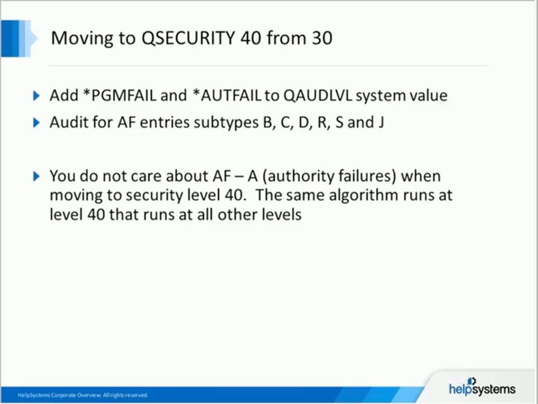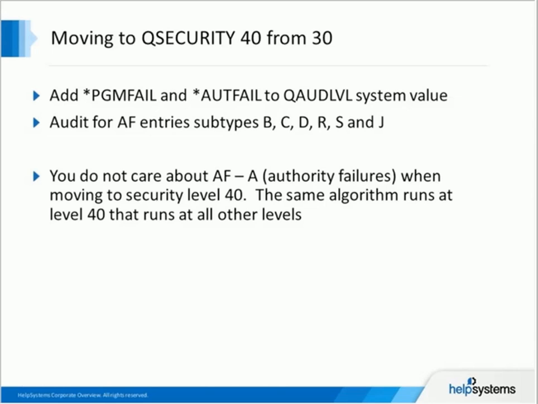Then you go and you look in the audit journal for AF entries, and these are the subtypes that you then look for. Note that you do not care about actual authority failures. The same authority checking algorithm runs at all of the various levels, there's no difference between 20 and 30 and 40 and 50. So it's not authority issues that you're looking for.